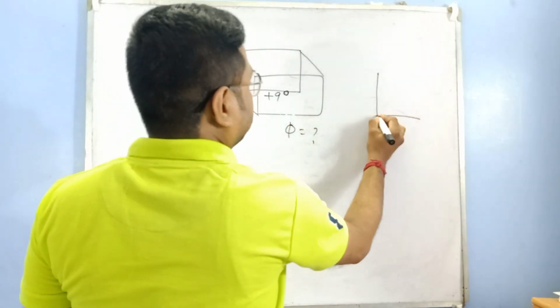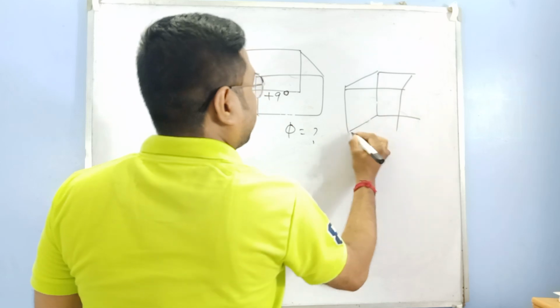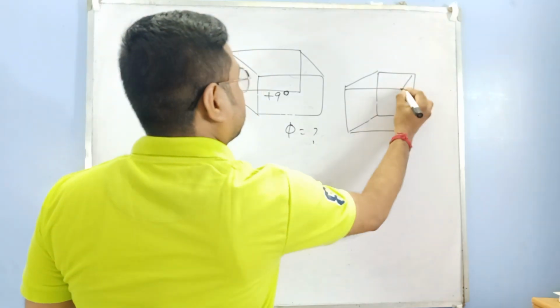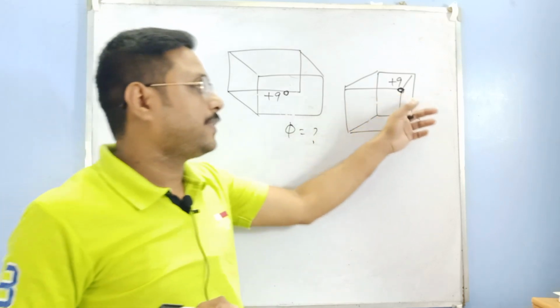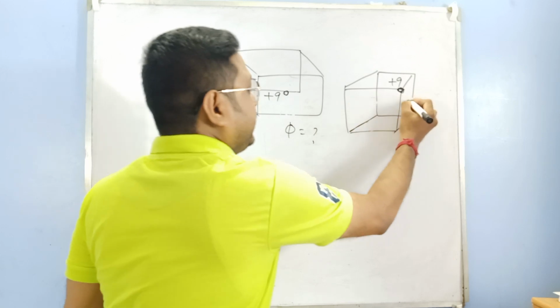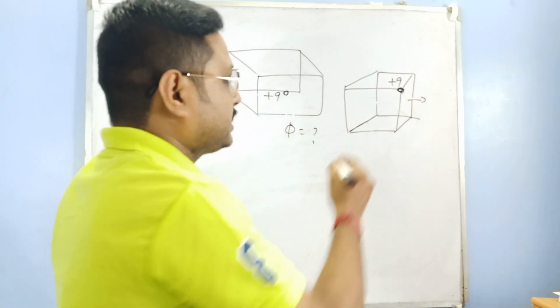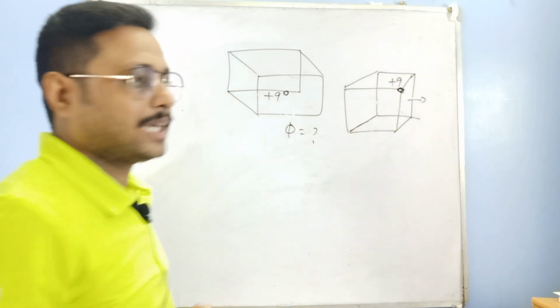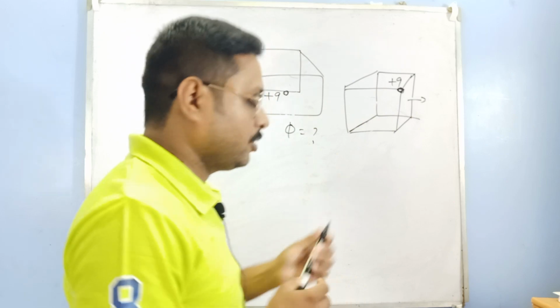And if the charge is kept at one of its vertex, here is charge q placed, then what is the total flux and what is the flux in each surface? What is the total flux of the cube and what is the flux of each surface or each face? As we know, there are 6 faces of a cube.